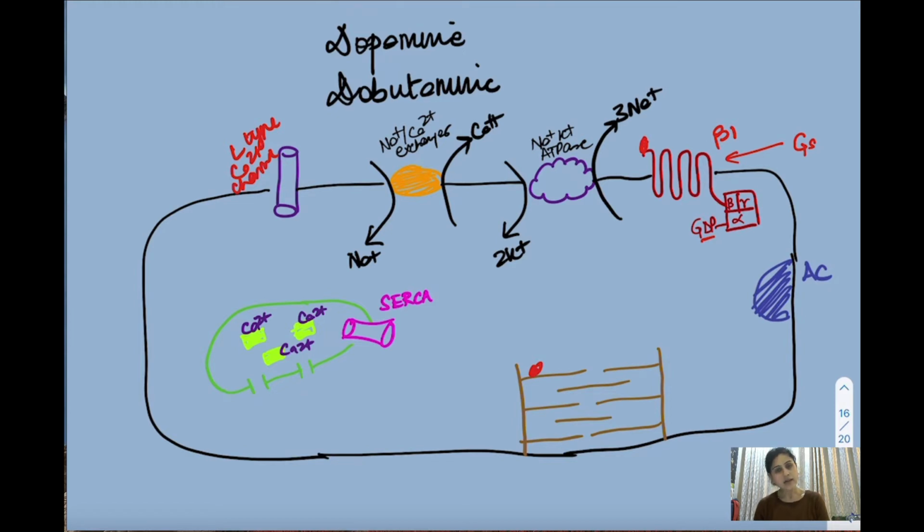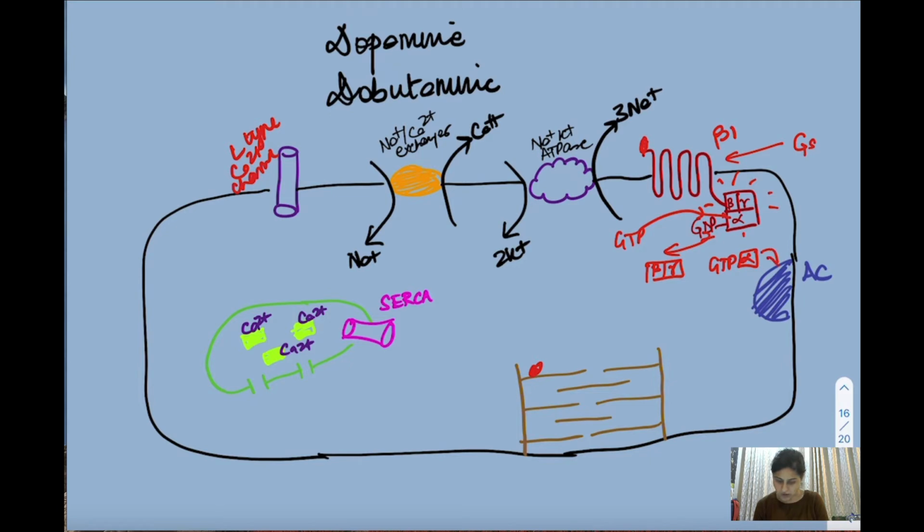When this activation occurs, what happens? This GDP gets thrown out, and instead the GTP takes its place and attaches to the alpha subunit. So the beta and gamma are separated, while the GTP-bound alpha subunit is also separated.